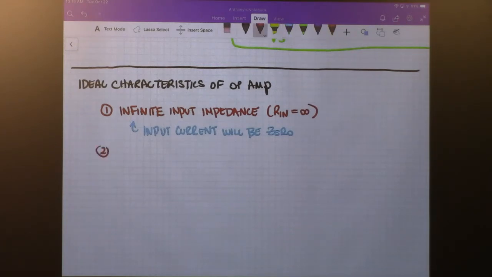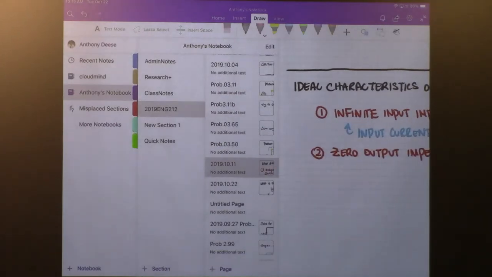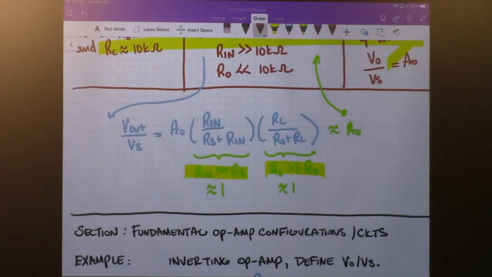Second characteristic is 0 output impedance. So we'll say RO equals 0. If we go back over here to this equation, you'll see that now that second assumption gets rid of the other ratio, right?